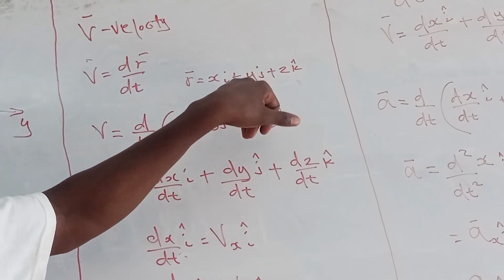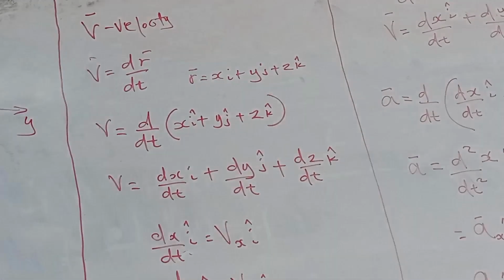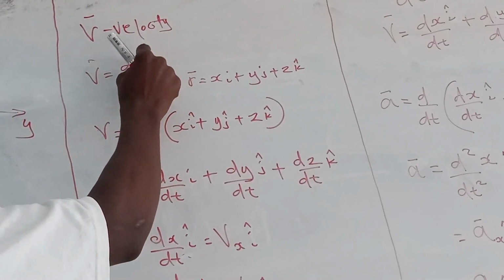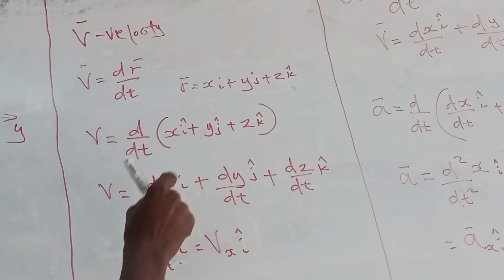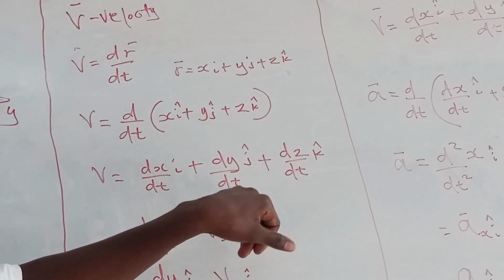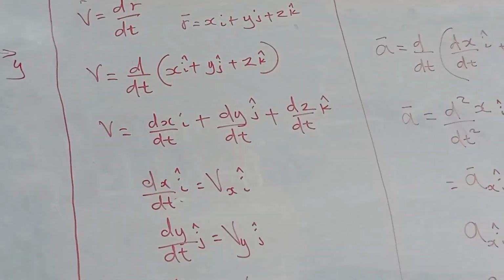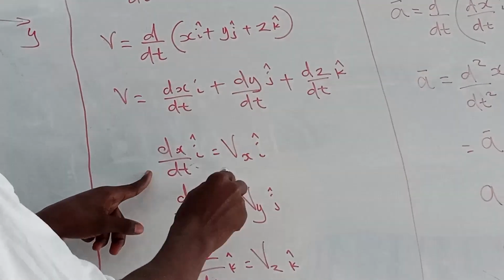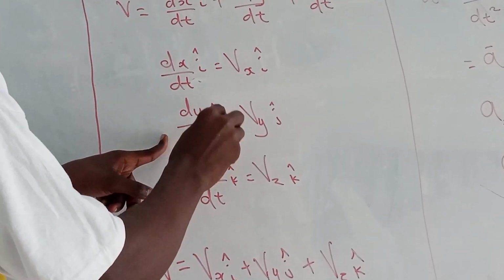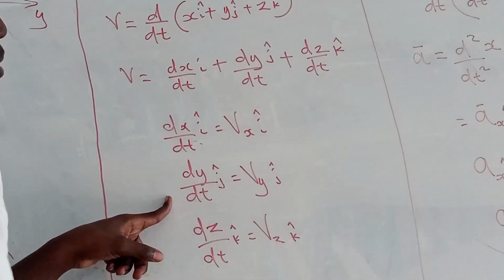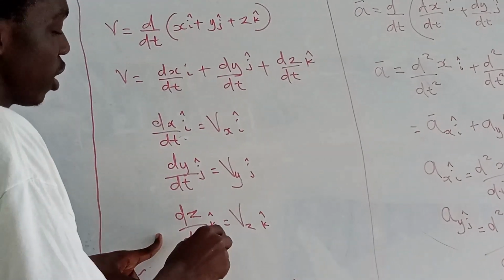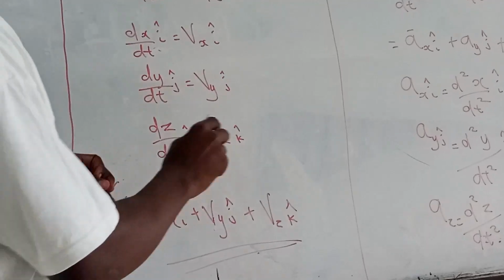Velocity is given by d over dt of our radial vector, which was x in the i direction plus y in the j direction plus z in the k direction, whereby we obtain d over dt of x in the i direction, plus d over dt of y in the j direction, plus d over dt of z in the k direction.